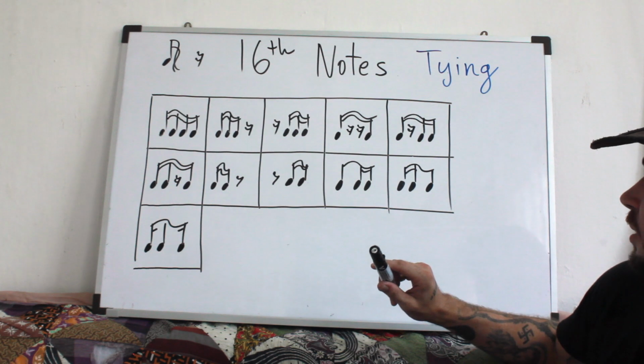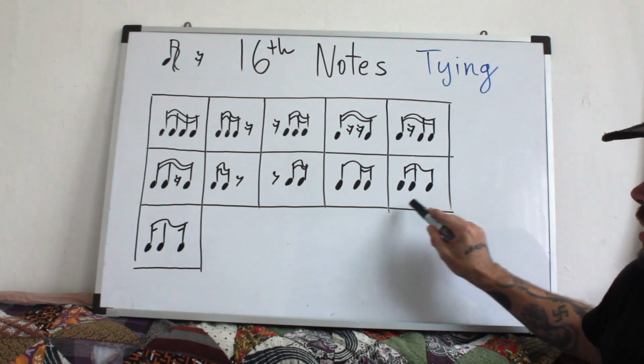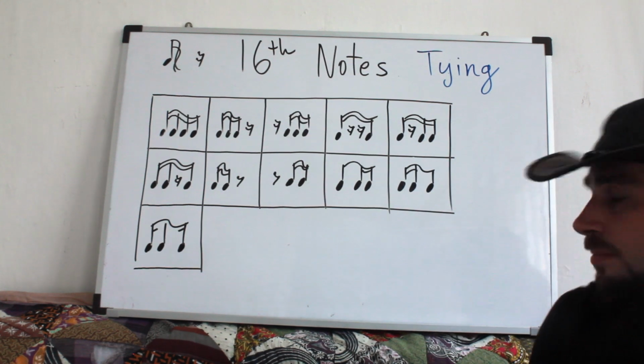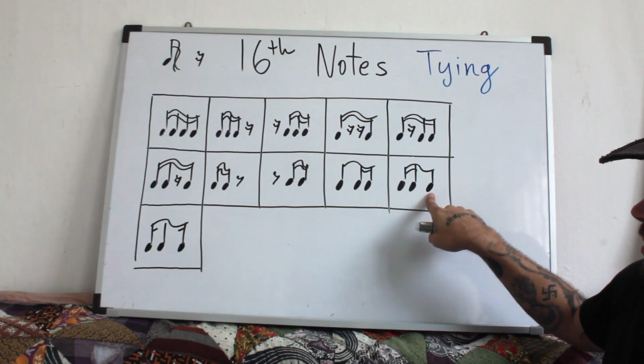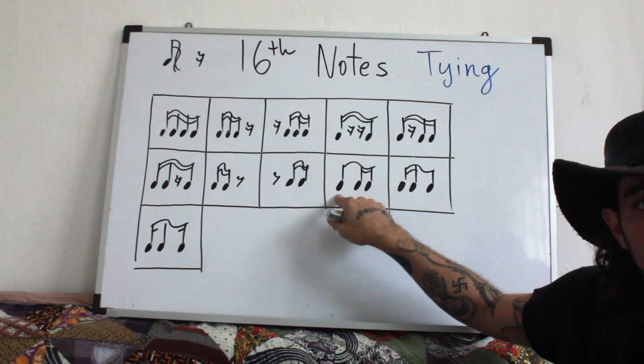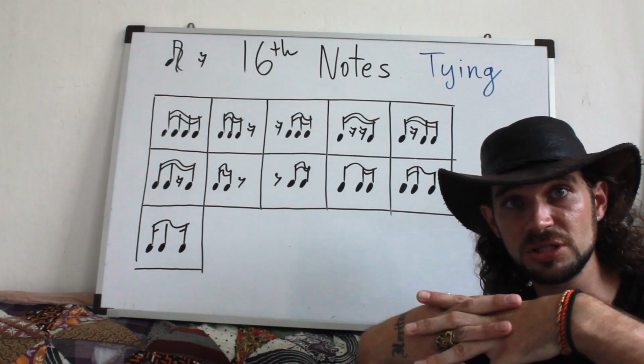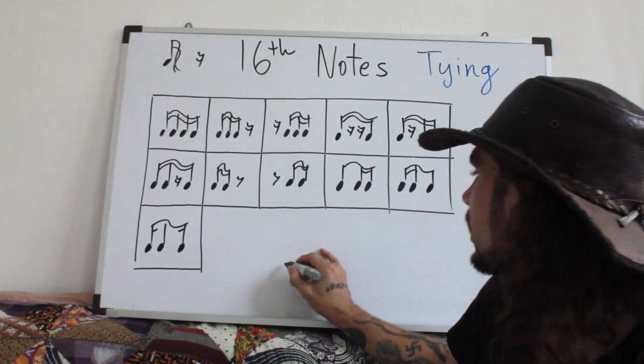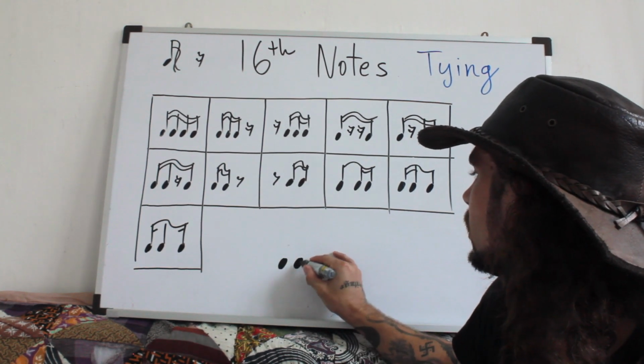Let's try, this is a cool one. Let's do this one and tie it to this one. We can do that because this one ends with an eighth and this one begins with an eighth. So since they're the same duration, the same note value, we can do it. So we got 2 16ths and an eighth.